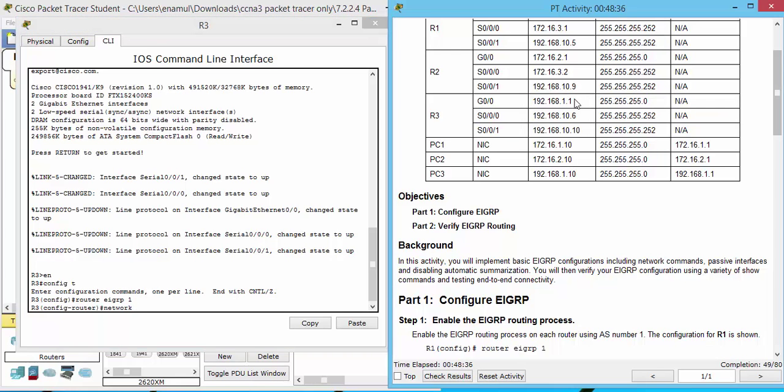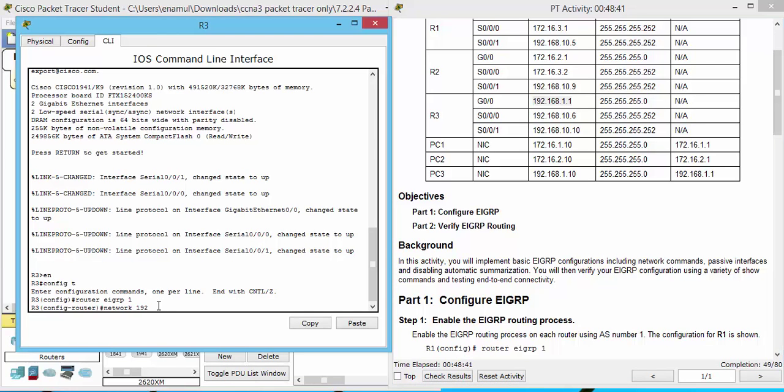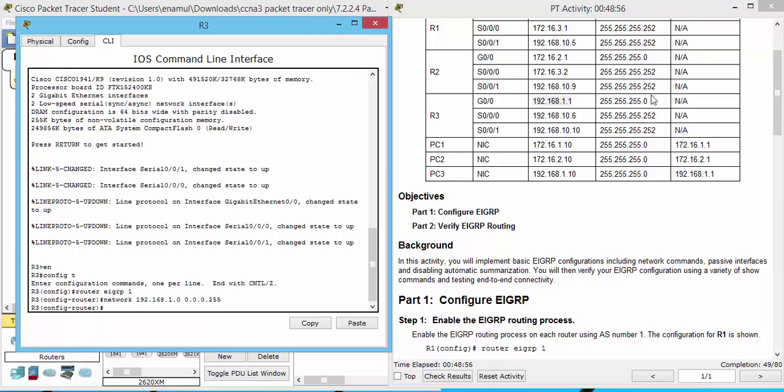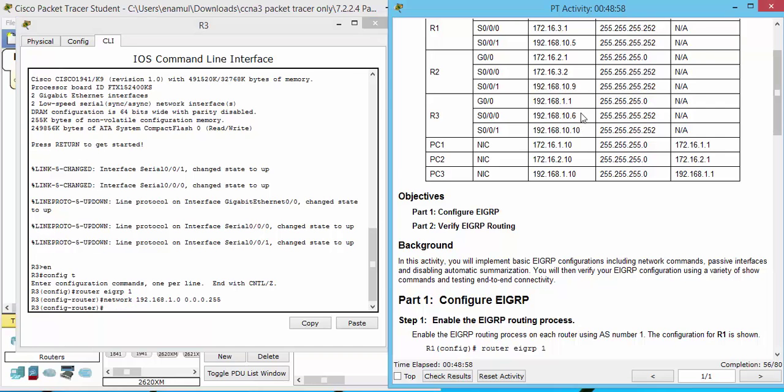Network 192.168.1.0 with wildcard 0.0.0.255. And then the second one is 192.168.10.6, the interface address. So 10.4 is going to be the network address.